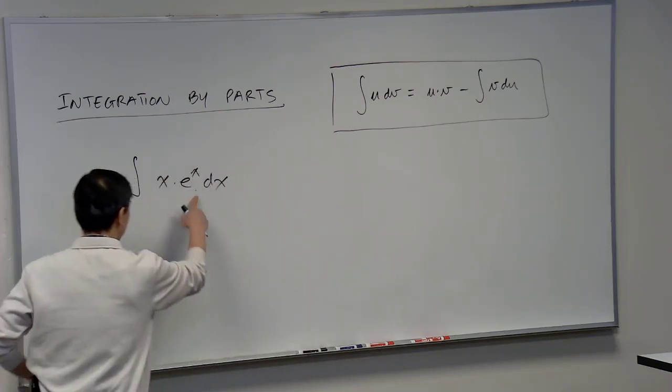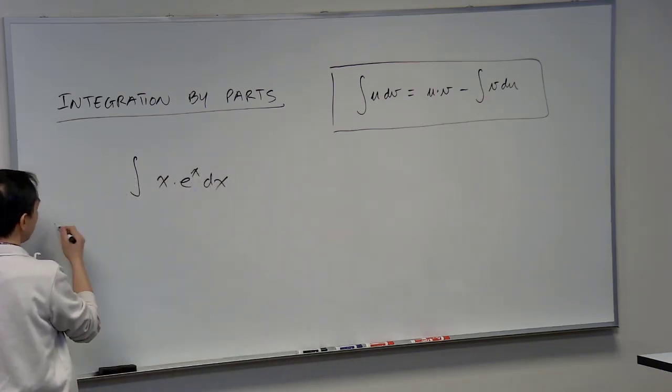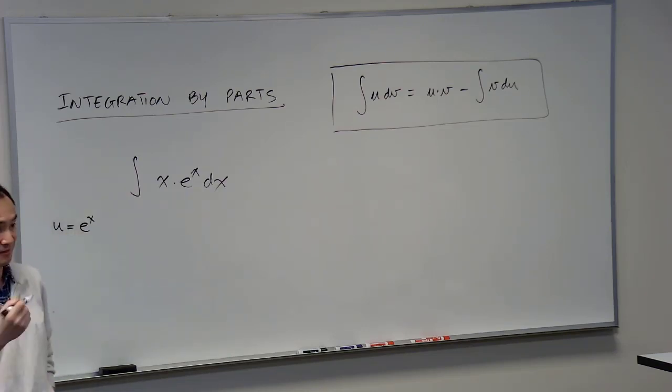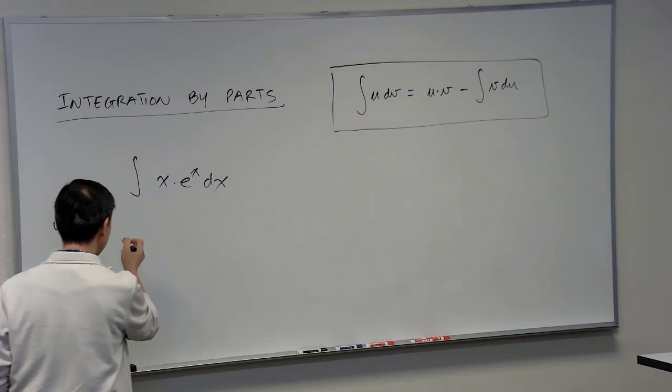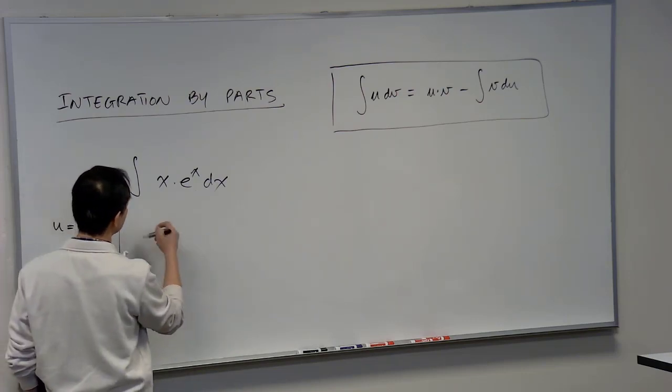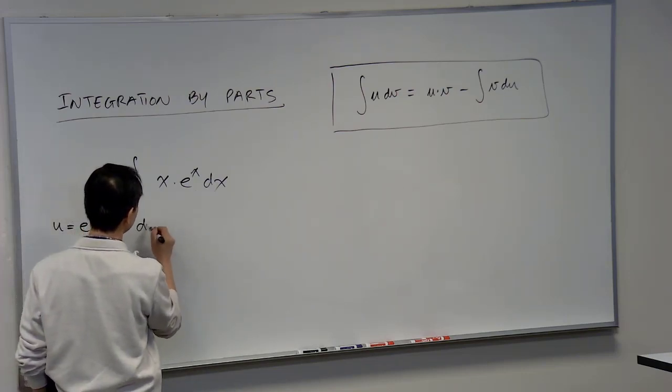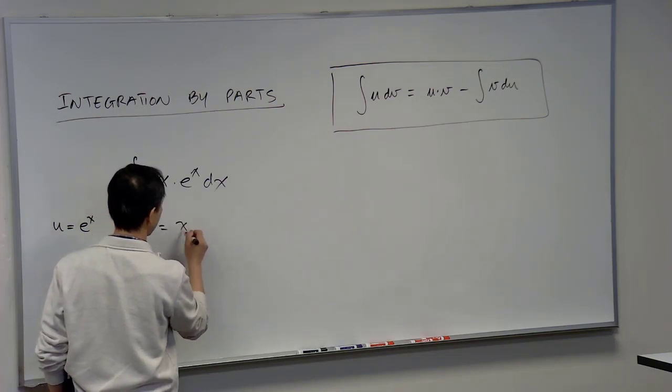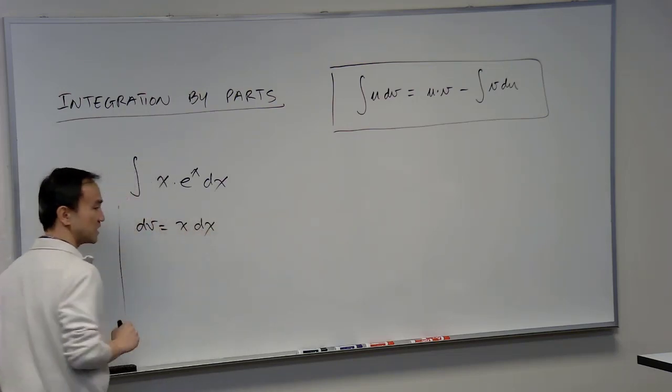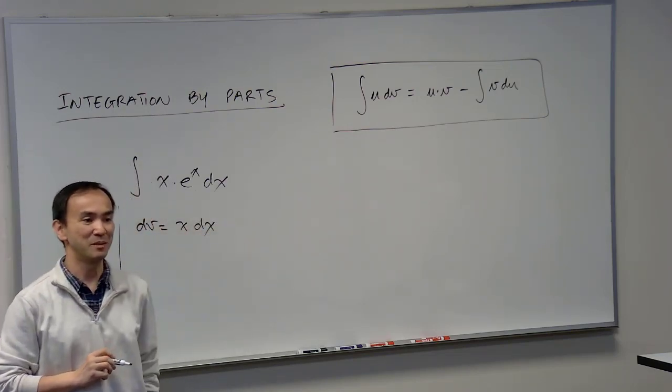And so back from that beginning problem again, if I picked e to the x as your function u, then the rest of them will be the dv, x times dx. Remember that idea again?